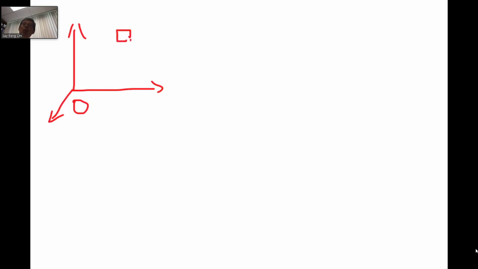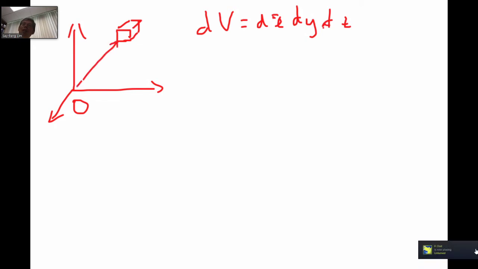In Cartesian coordinates, your dV is dx dy dz, the product of all of these infinitesimals. Typically you think of the position either to the corner or to the center of the element of volume, which doesn't really matter. So you describe it in terms of its position.